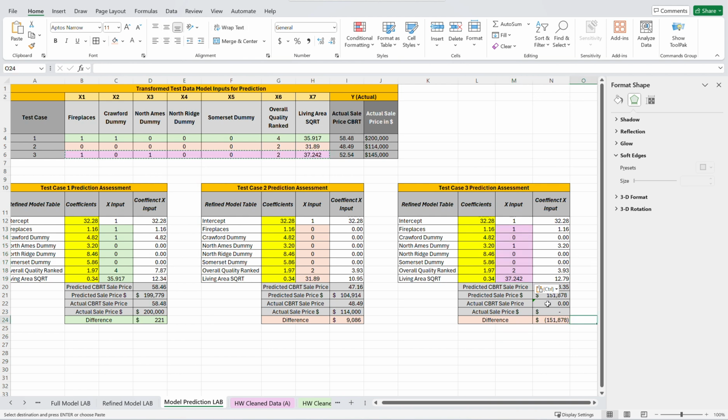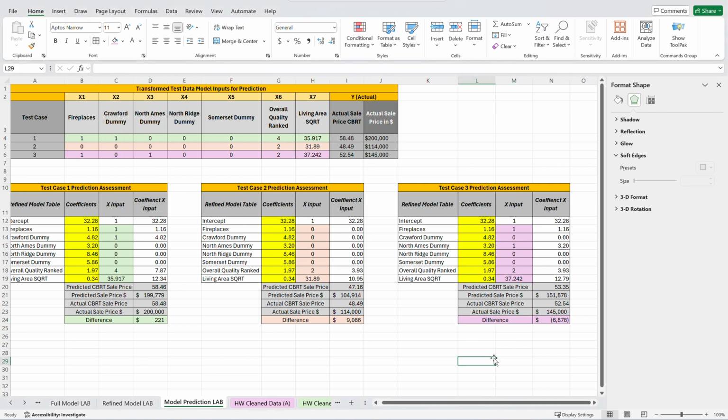Then the thing that we will need to correct is this reference to the cube root of sale price, which is right here. So you just reference this actual value here. Then you should get that prediction difference that looks very similar to the ones that are in the lab slides.